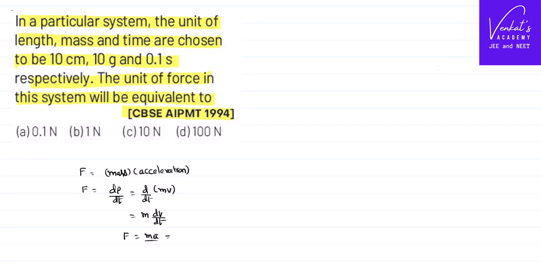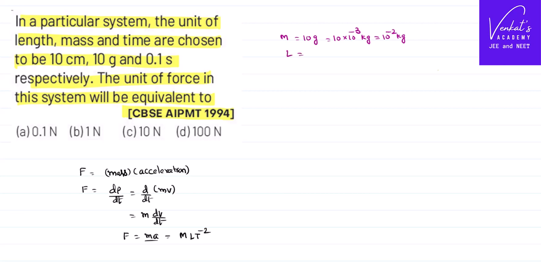Dimensionally, acceleration can be written as velocity by time. Velocity is LT power minus 1, divided by time, so force becomes MLT power minus 2. In our case, the mass is given as 10 gram, but if I have to write it in the SI system, 1 gram is 10 power minus 3 kilogram, so it becomes 10 power minus 2 kilogram.